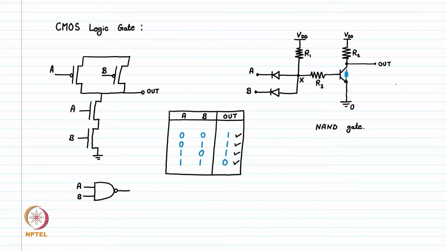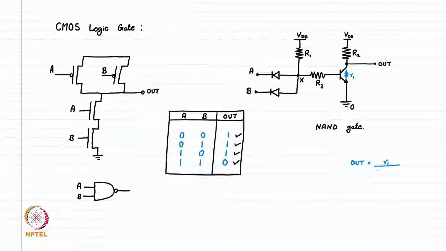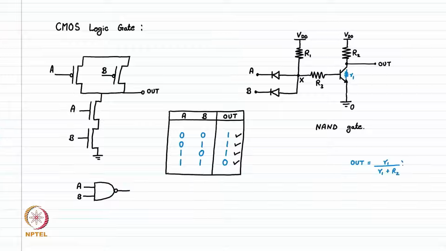That time the output is simply the resistance divider. Let's call it small r1. So the output node voltage is the resistance divider of r1 and R2: r1 divided by r1 plus capital R2, times VDD.